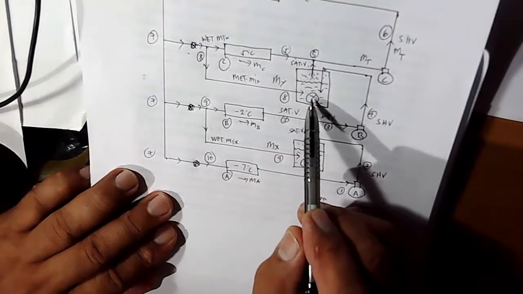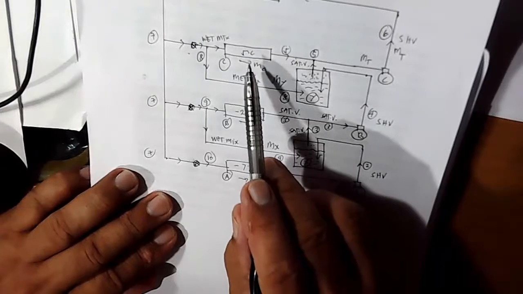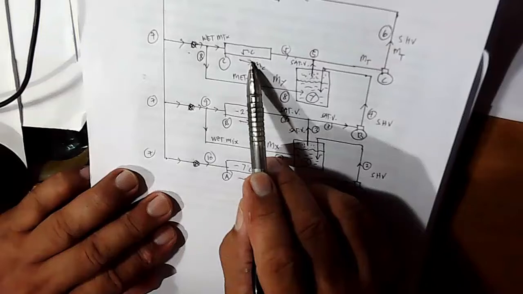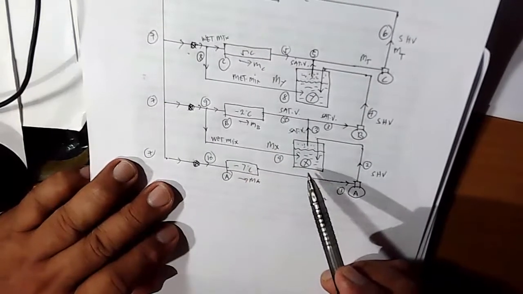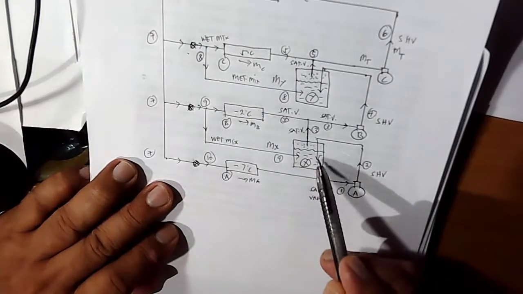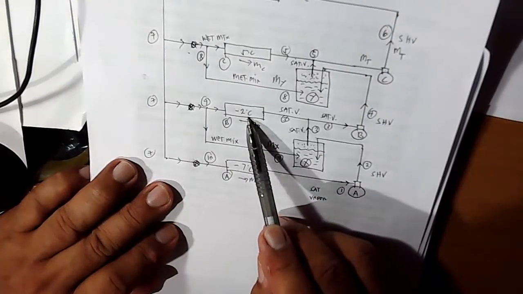So the pressure involved in your intercooler Y is also the pressure corresponding to evaporator C, which corresponds to the pressure at 5 degrees Celsius. Therefore, the pressure involved in intercooler X is also the pressure corresponding to evaporator B, which is pressure corresponding to -2 degrees Celsius.